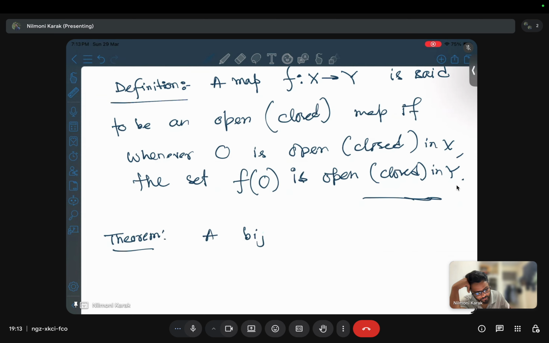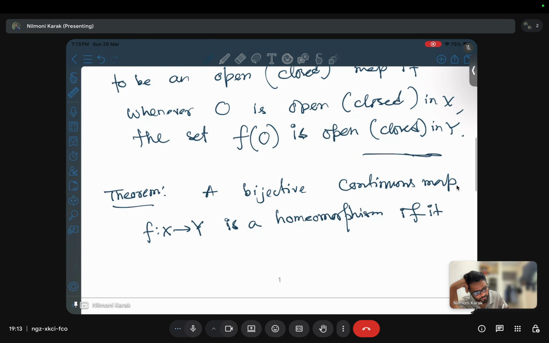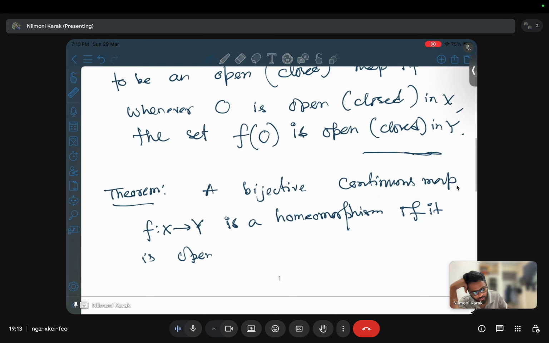A bijective continuous map f: X to Y is a homeomorphism if it is an open or closed map.